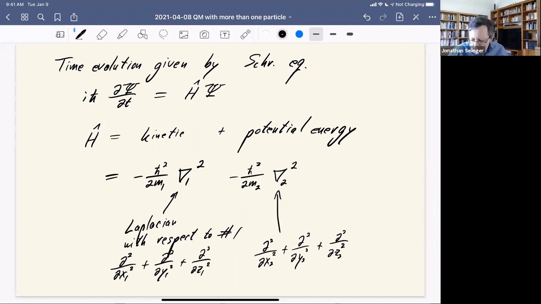And then we have to add on the potential energy. So the potential energy could be some function of R1 and R2. And in any particular problem, you'd have to specify what is the potential energy as a function of R1 and R2.